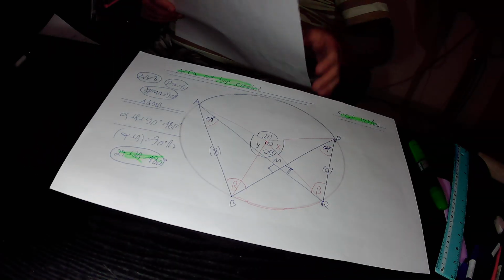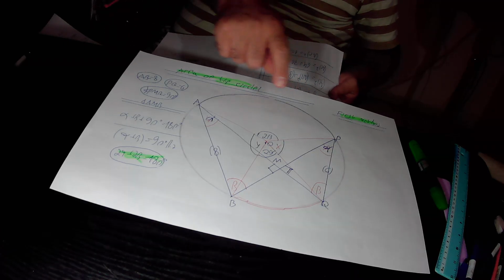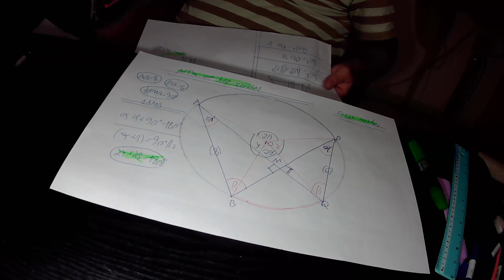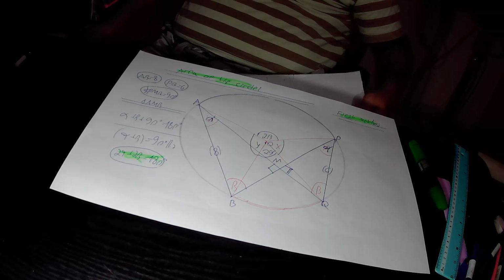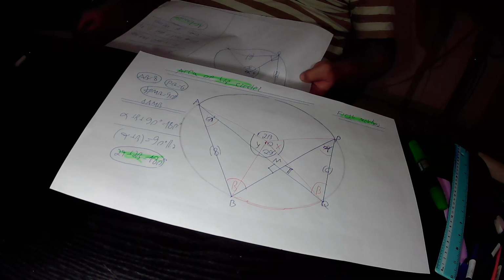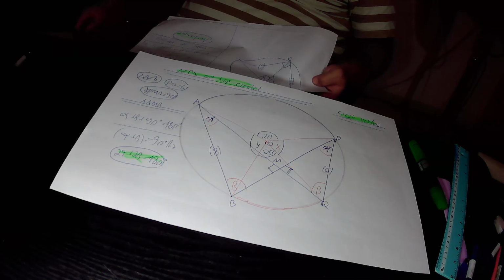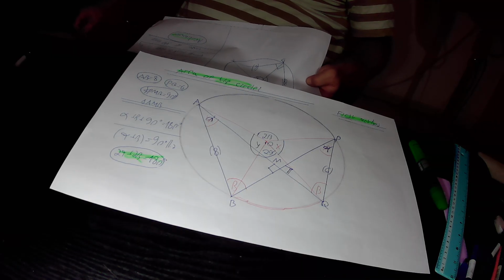In the next step, I present to you how to find the area of this circle according to the second method. In the second method, we use some of the facts that we already found in the first method.